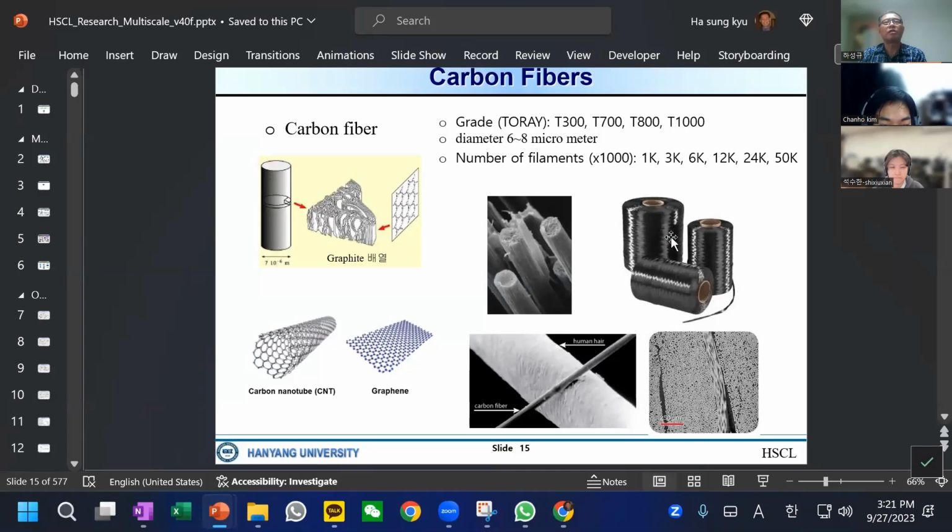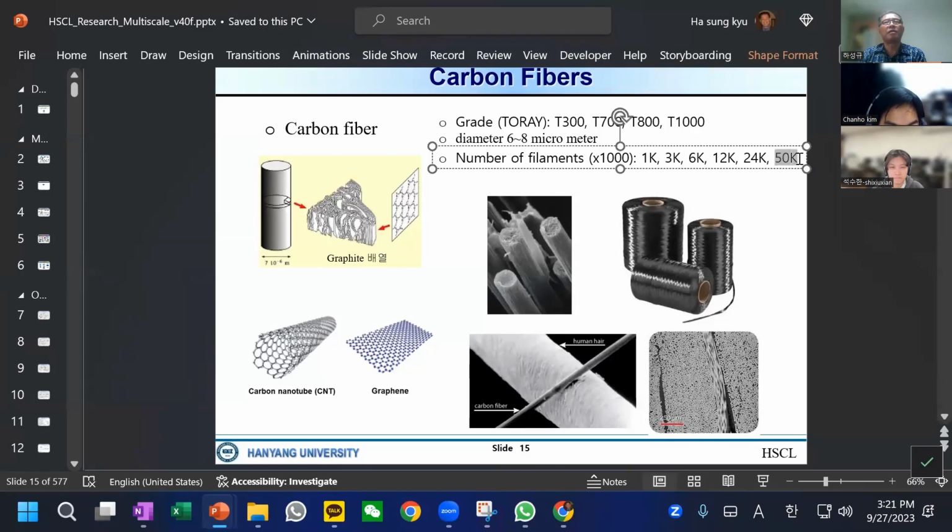One tow of 1K means 1,000 carbon fiber filaments, and 6K and so on. So 50K is a 50,000 filament tow.